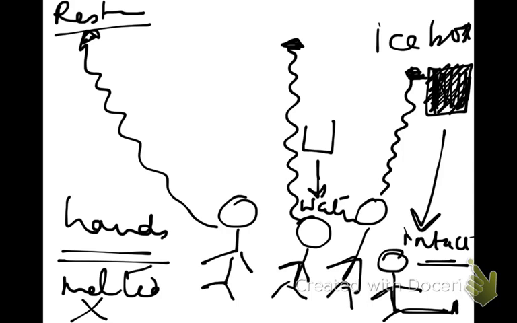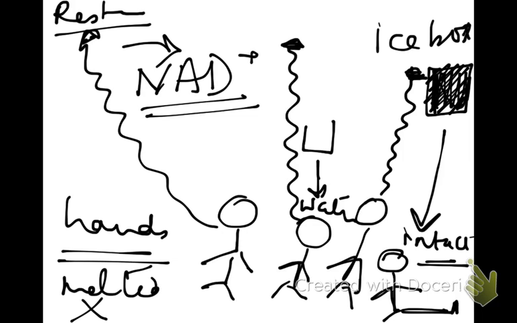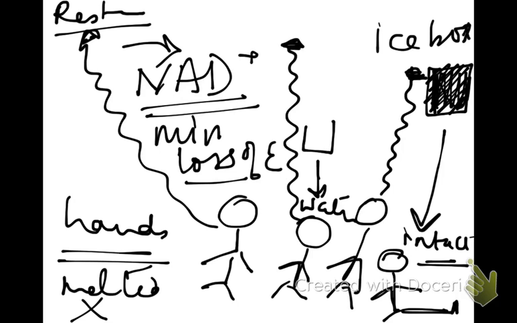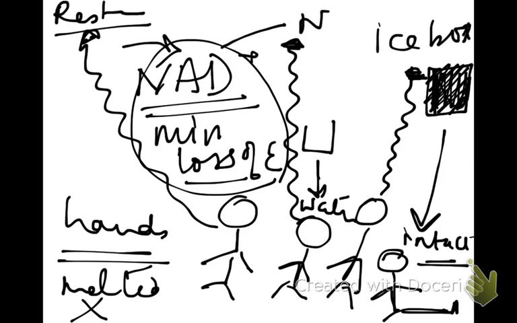When the compounds transfer their energy to this compound called NAD plus, there is minimum loss of energy. So it is a smart thing to transfer all the energy that it gets to NAD and turn it into NADH plus H plus.